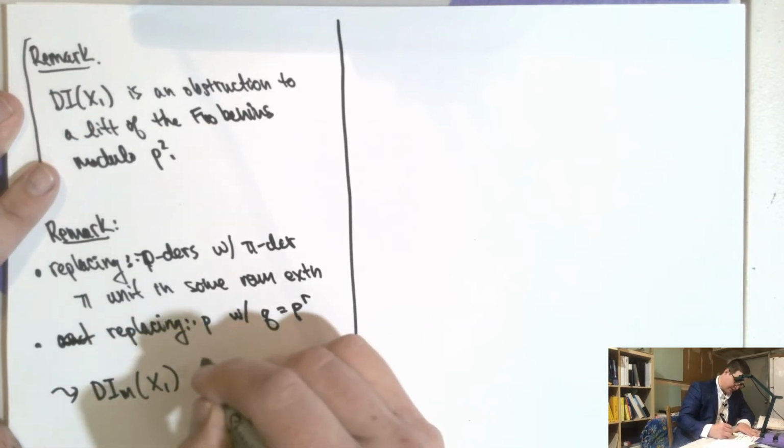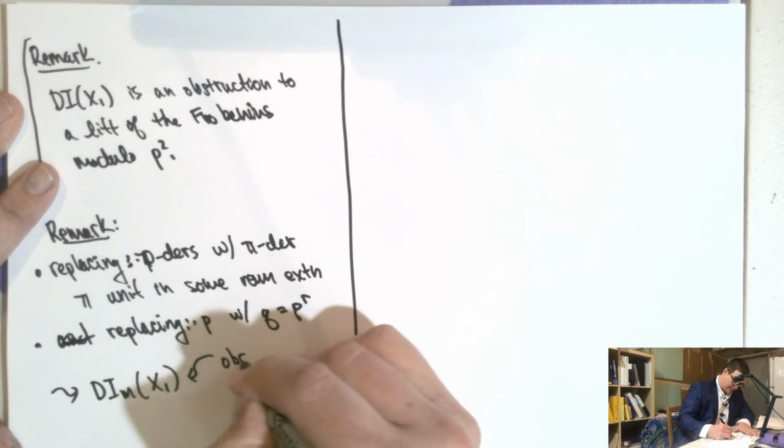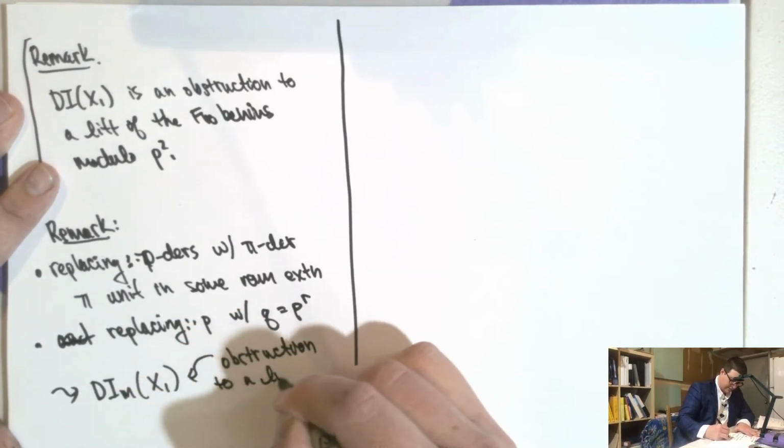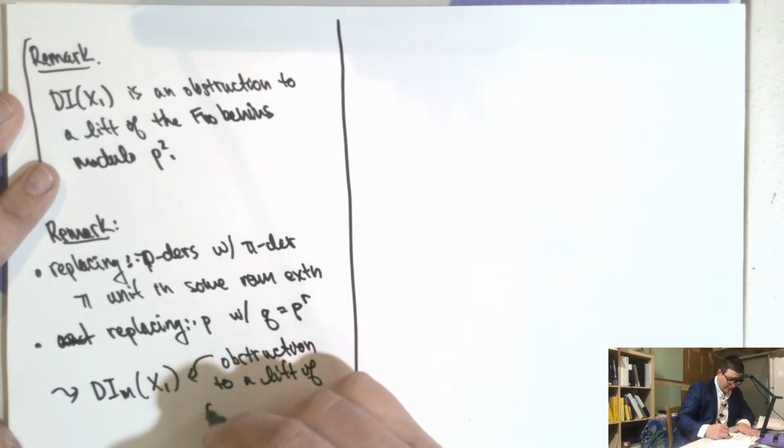So this is an obstruction to a lift of the q-power Frobenius.